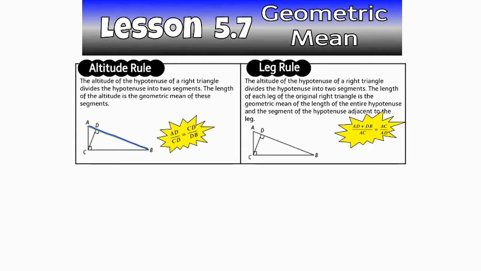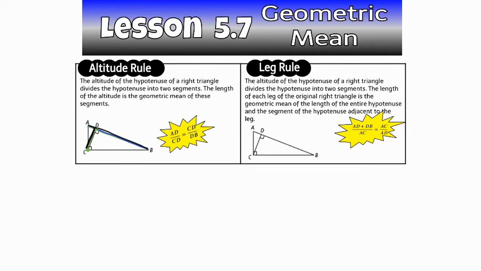The length of the altitude is the geometric mean of these two segments. So this distance here, from D to C, is going to be considered the geometric mean. And so to find that, you're going to do AD divided by CD, which is again similar triangles, is going to be equal to CD divided by DB.